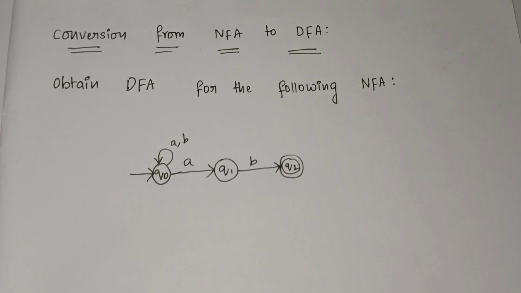So why do we have to convert a non-deterministic finite automata to a deterministic finite automata? Because whatever systems we develop should be deterministic, meaning based on the input we give, it should be able to determine and produce a proper output in a deterministic manner. Designing an NFA is very easy compared to a DFA.